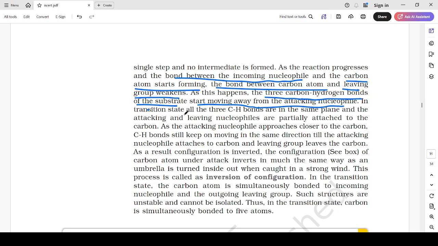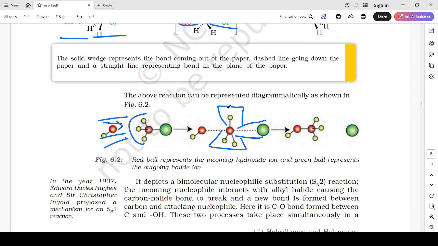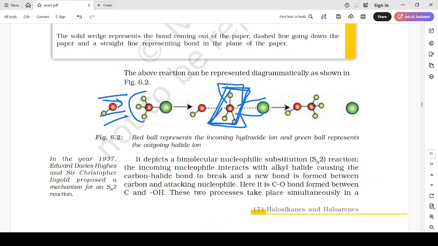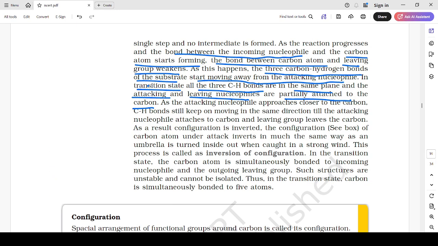In the transition state, all the three CH bonds are in the same plane. Look at this. They are all in the same plane here. And the attacking and the leaving nucleophiles are partially attached to the carbon. You can see we have drawn only the dotted lines, saying that nothing has got completely broken, nothing has got completely formed also.